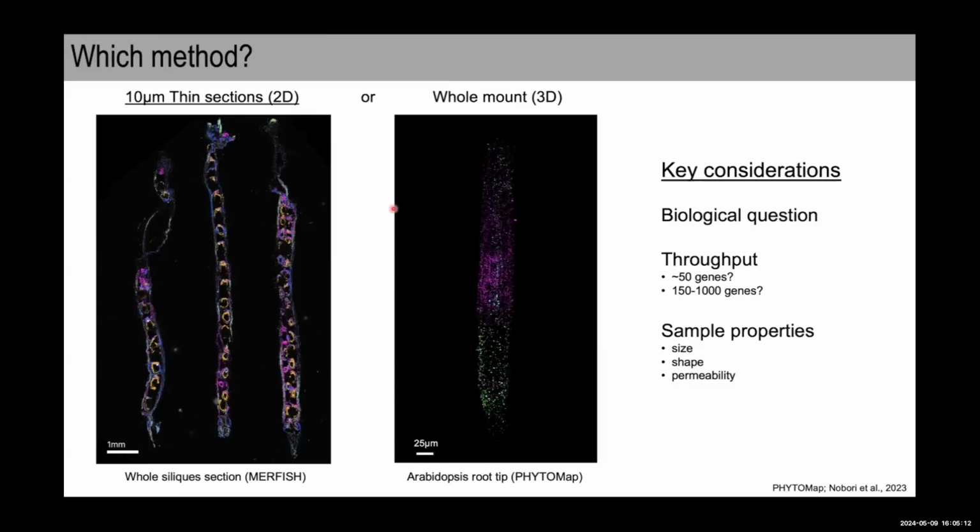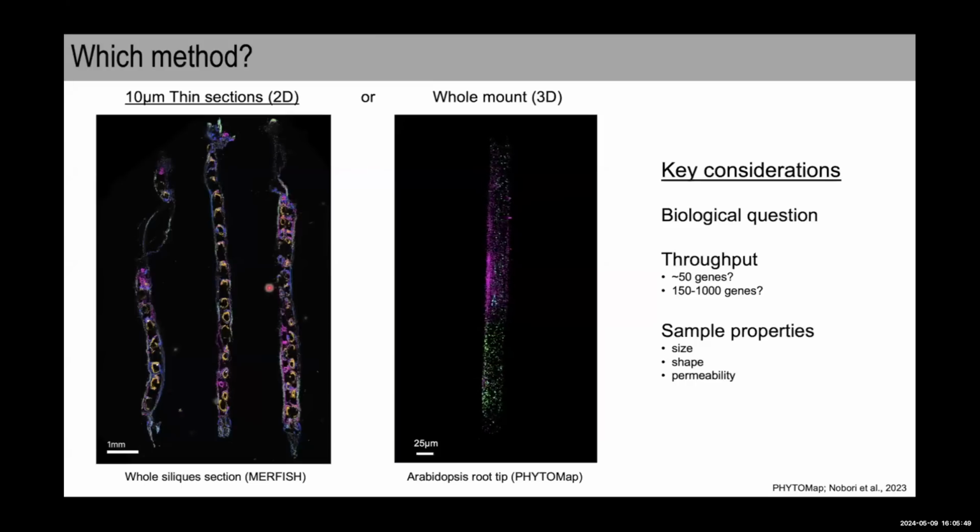But when comparing these two flavors from 2D to 3D, another question that you might need to ask based on your experiment is, what kind of throughput do you need to visualize your expected output? Are you fine with looking at about 50 genes or fewer, which can have the advantage of 3D? Do you need a higher throughput? Do you need to visualize hundreds to 1,000 genes simultaneously? That kind of throughput is where we might move towards some of these technologies that utilize these thin sections.